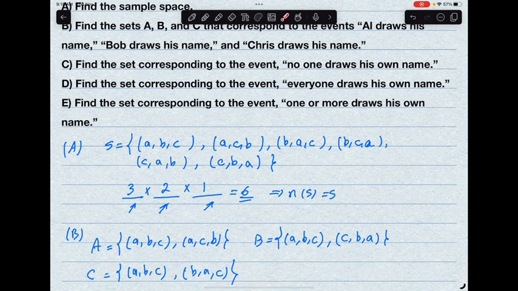The next part: find the set corresponding to the event one or more draws his own name. One or more. Okay, so it is a bit different. Part D says everyone draws his name, so there's only one choice, A, B, C. But here it says one or more. It doesn't say everyone. It can be only one.